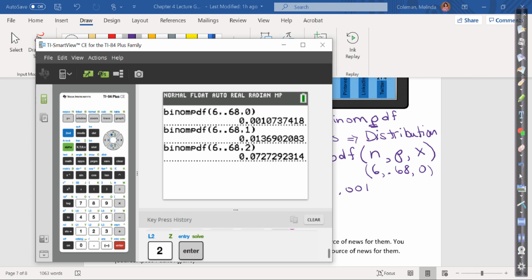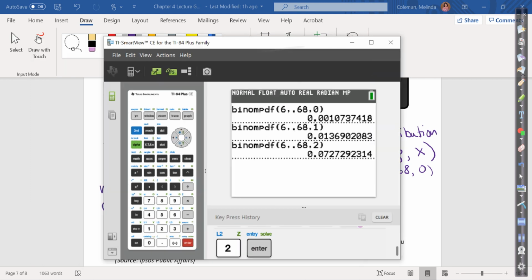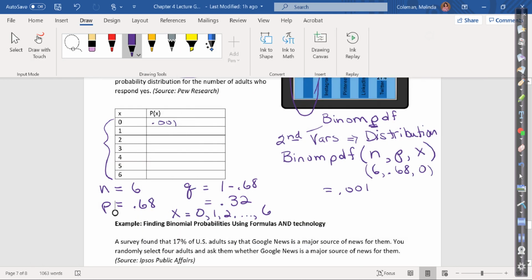Hit enter. And then I need to do that for all 6 numbers, 0 through 6, so all 7 entries in my table.